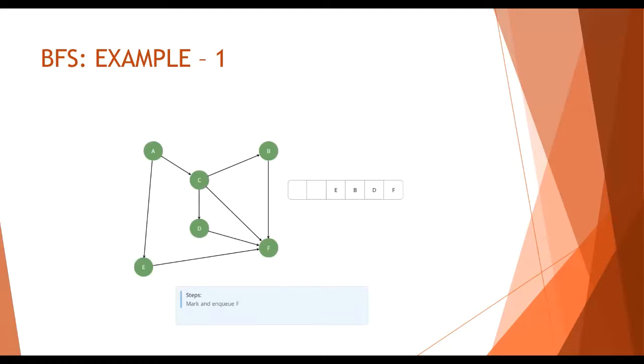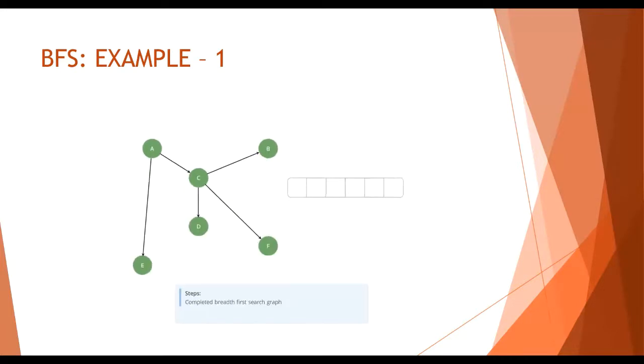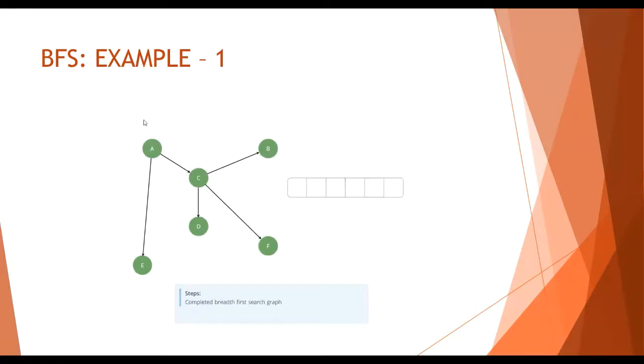Based on that movement, we could create this tree, the movement of the searching. So this is its movement. We start with A, go to C, then go to E, go back, and then what is connected to C?